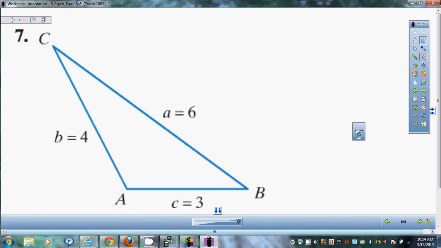Alright, let's see. Area, size. So, 6.5. Dude, this thing's so hard to write on. Like you have no idea. Yeah, dude. Minus A.